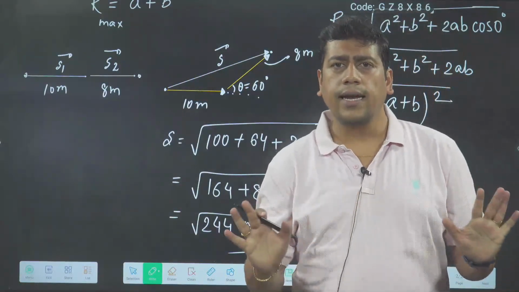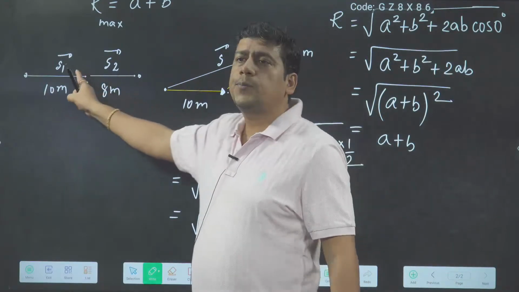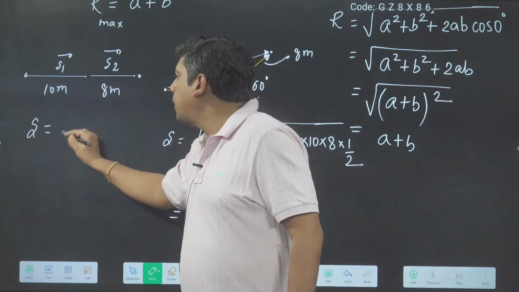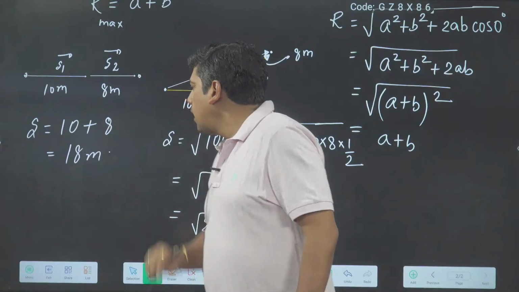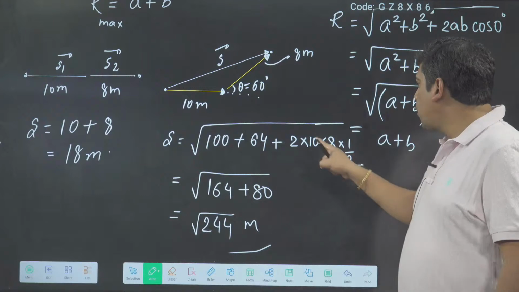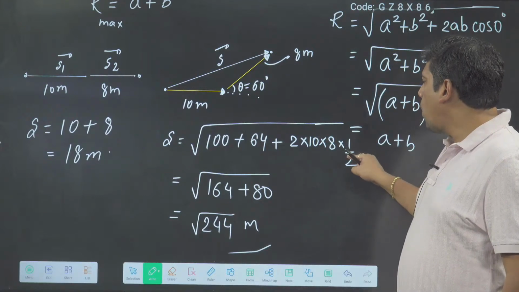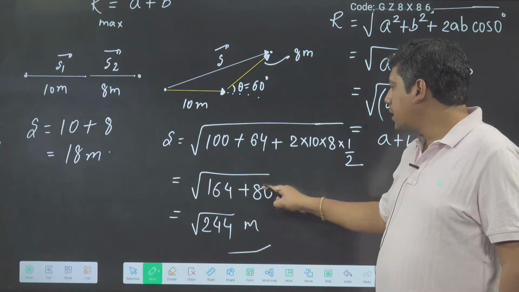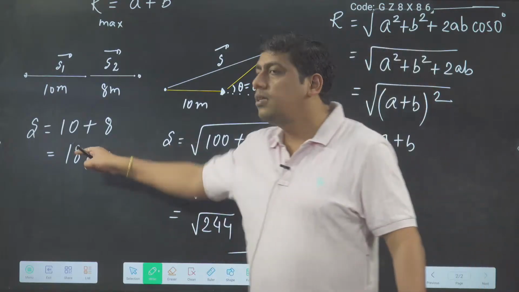Correct? Please understand that this is normal addition and this is a special case. This is why we directly say net displacement is 18 here, although we are using this same formula. If you put the same formula, cos 0 becomes 1, so this becomes 164 plus 160, which is 324. Under root of 324 is nothing but 18.